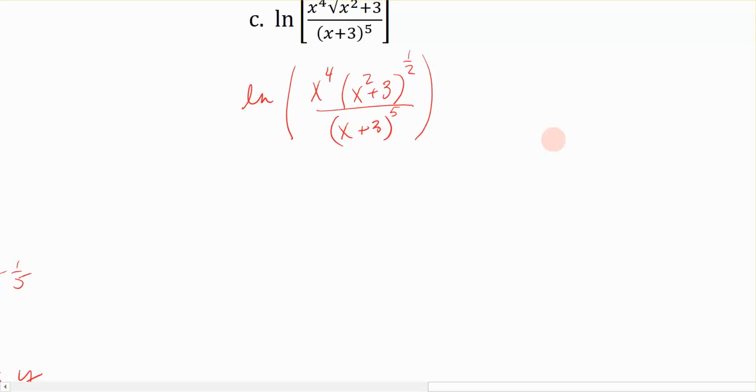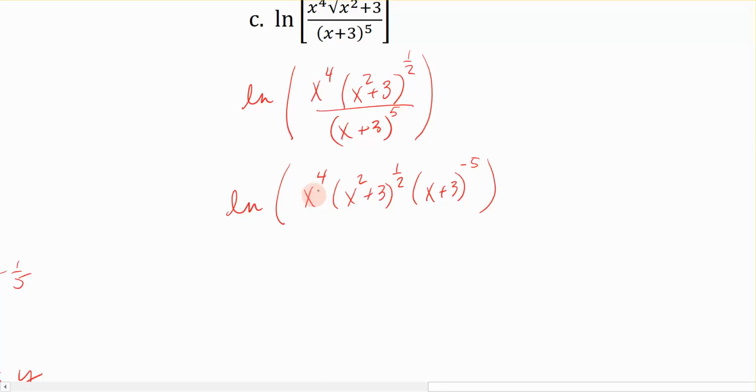The next thing I want to do is apply the negative exponent rule. So I'm going to take the denominator here and bring it to the numerator. So I have everything in my argument in the numerator: x to the fourth, x squared plus 3 to the 1/2, x plus 3 to the negative 5th. So far that's what I have in my argument.